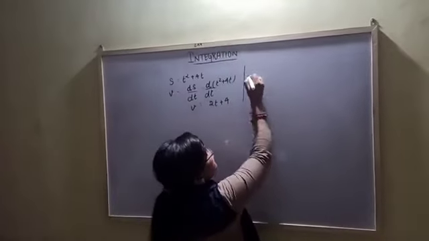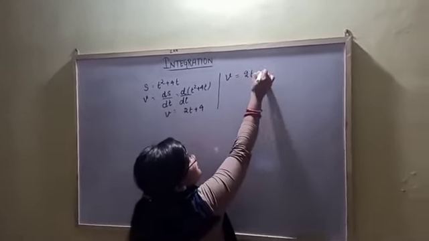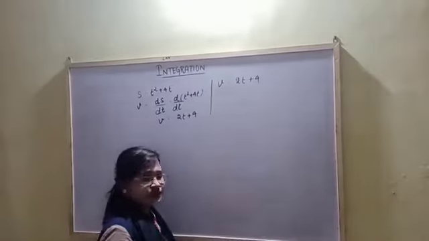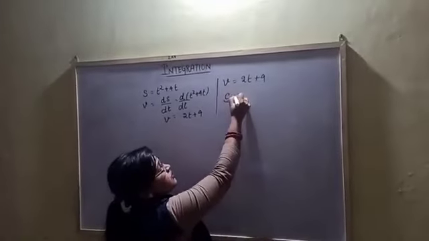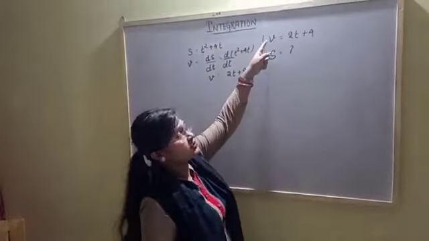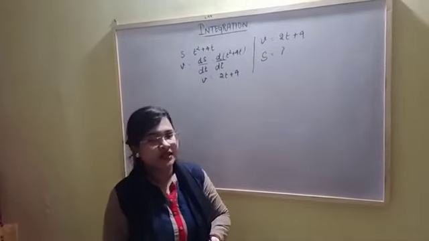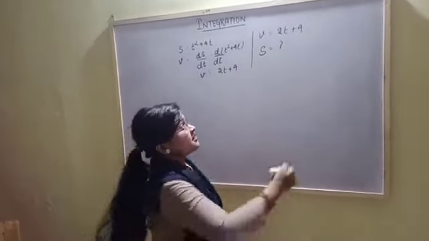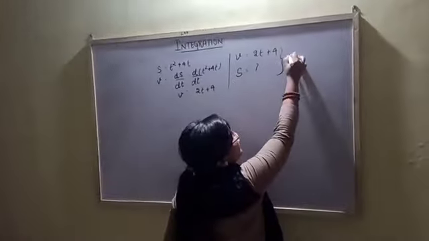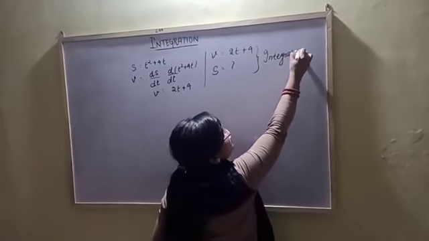But if you have been given velocity v equals 2t plus 4 and I ask you to find the displacement, how will you find the value of displacement from the given equation of velocity? In this, the differentiation formula cannot be used. Here, the process of integration and the basic formulas of integration come into use.